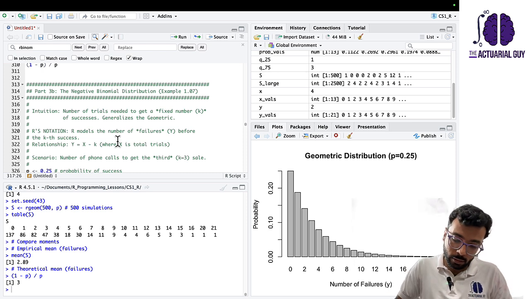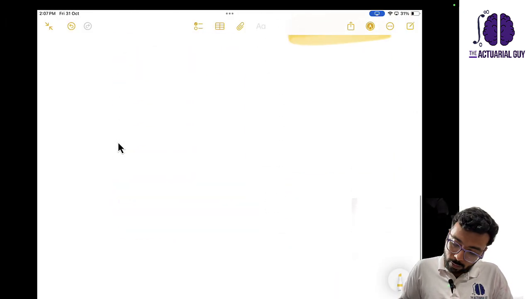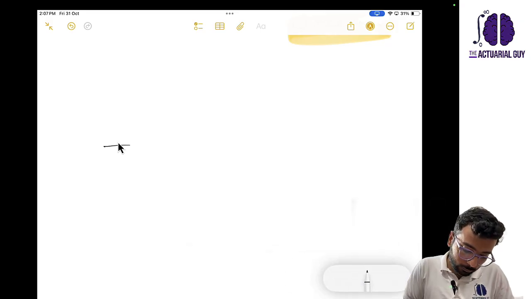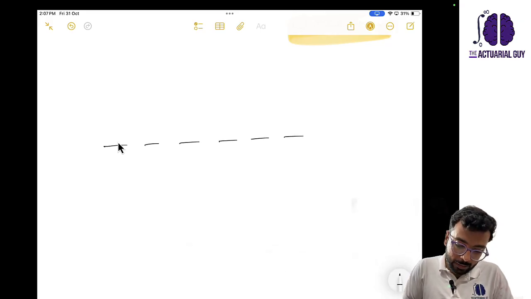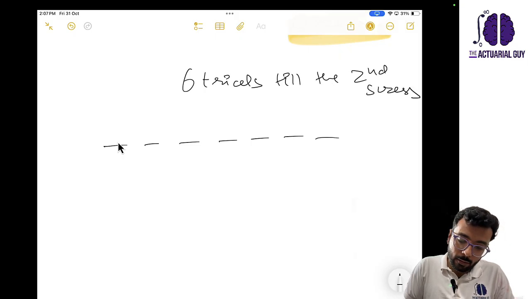The intuition here, and we have seen this in paper A, is that if you are talking about having, let's say, 7 trials till the second success, what does that mean?